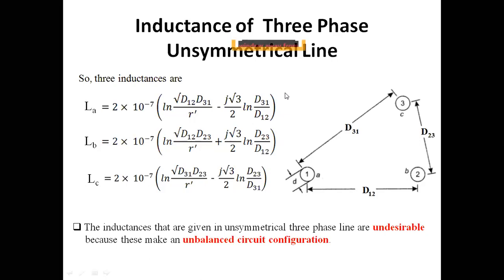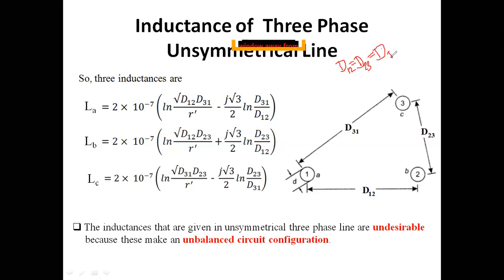Now this is a general equation. From this equation you can also derive the equation for a symmetrical line. So for a symmetrical line, what will happen? D12, D31 and D23, these three are equal. So in case of a symmetrical line, D12 equals D23 equals D31.